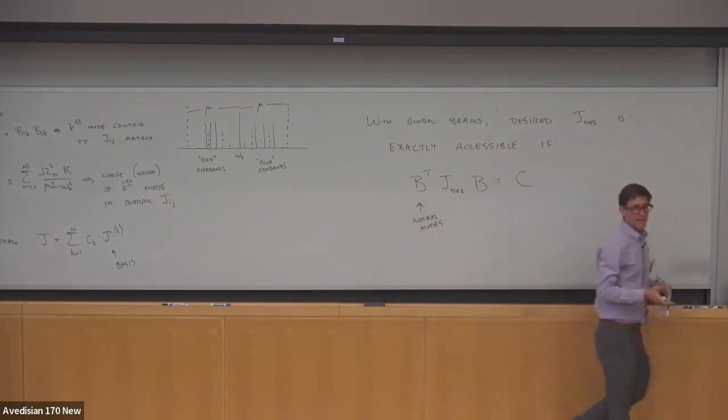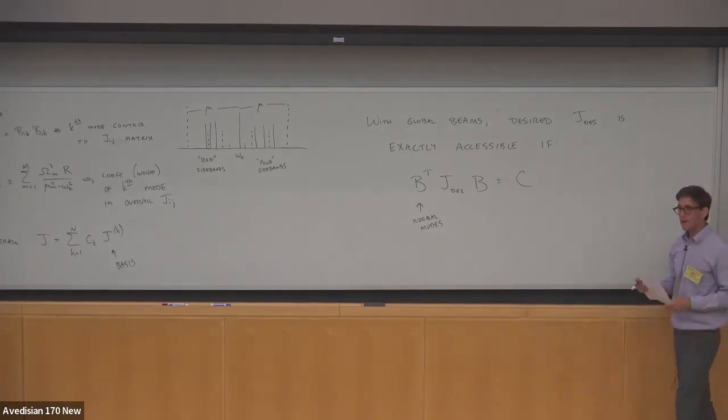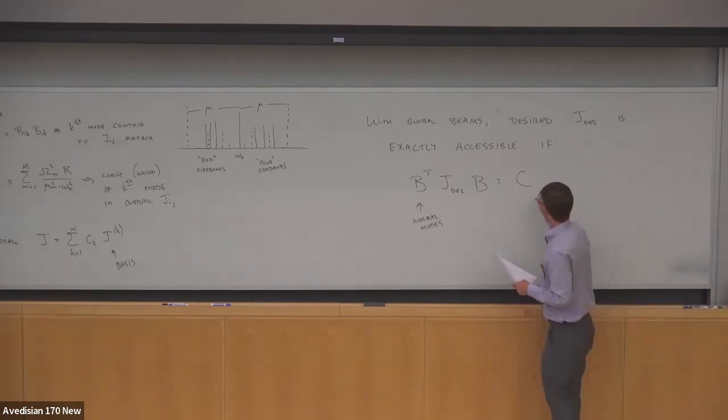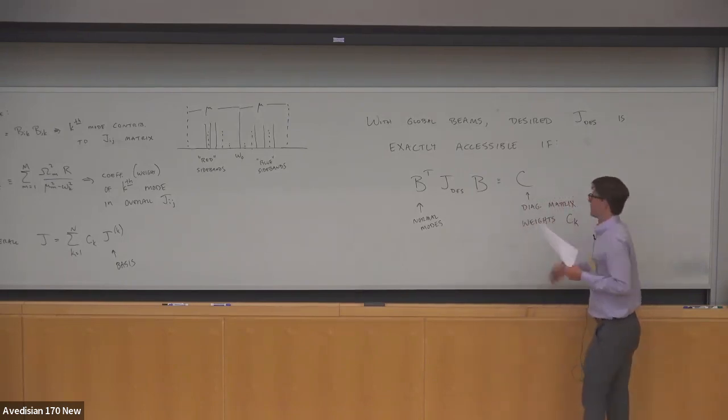These are the things that we got from diagonalizing that A matrix all the way back in the first lecture, like an hour ago. Here they are again. And the C on the right is a diagonal matrix of these weights, C sub K.